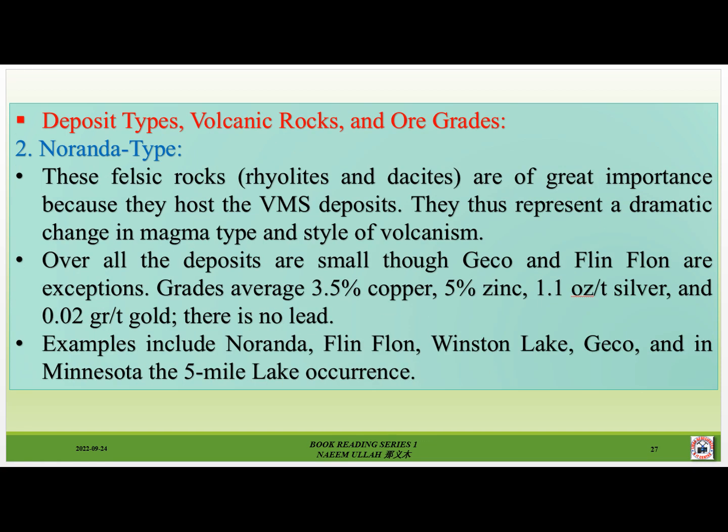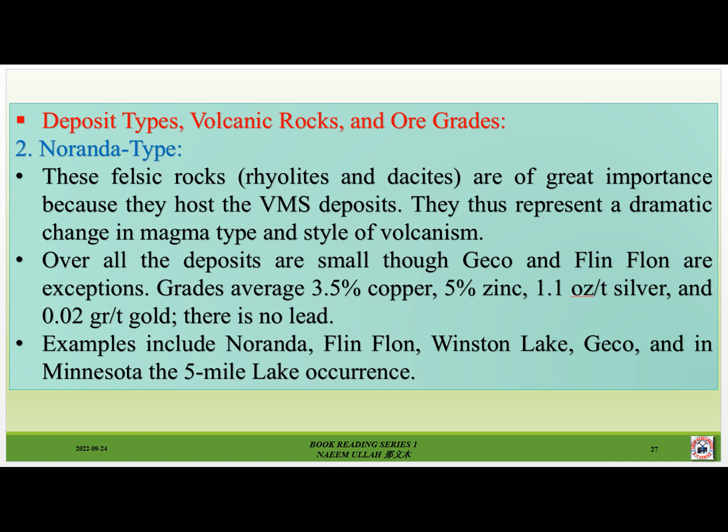These felsic rocks, rhyolites and andesites, are of great importance because they host the VMS deposits. They thus represent a dramatic change in magma type and style of volcanism. Almost all the deposits are small, though Geco and Flin Flon are exceptions.